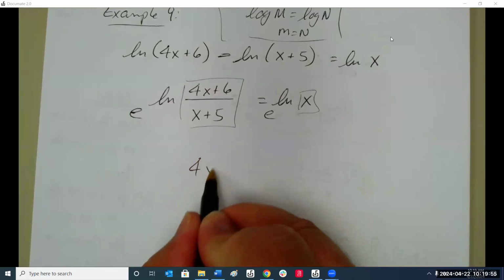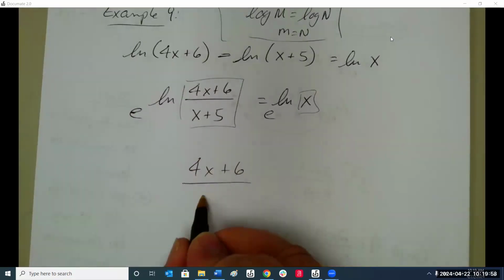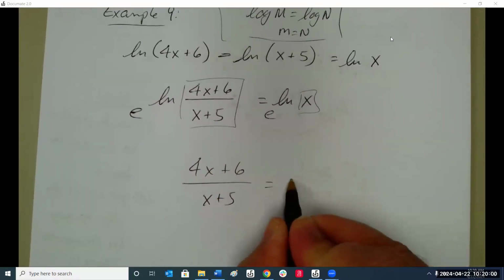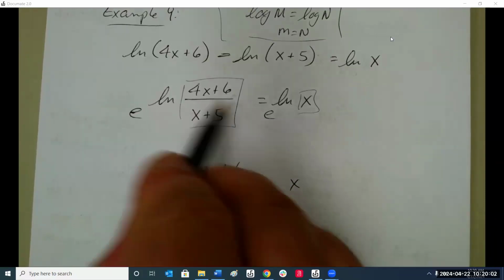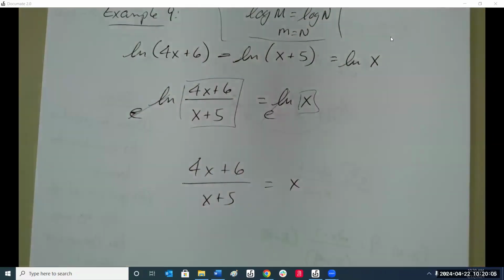So we have (4x plus 6)/(x plus 5) equals x, because e to the power ln cancels out.